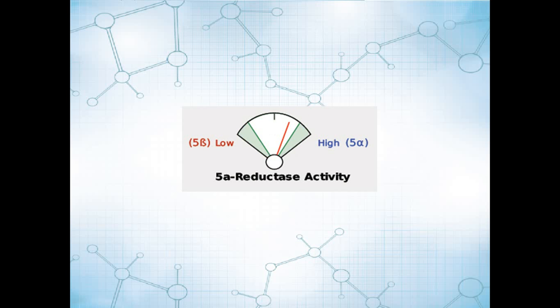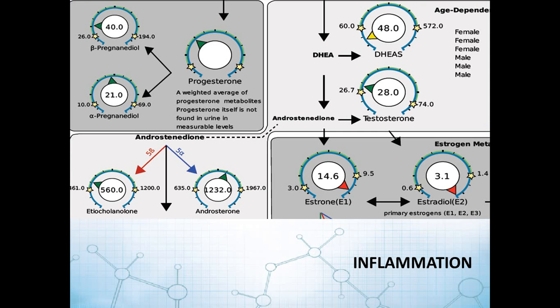You can see that overall index listed at the bottom of that section, which is going to then point towards high 5-alpha. So what does that mean? That means at the tissue level, the androgens are becoming more androgenic. So when we have women with thinning scalp hair, or when we're looking at men in terms of prostate issues, we want to look at this for a preference metabolically.